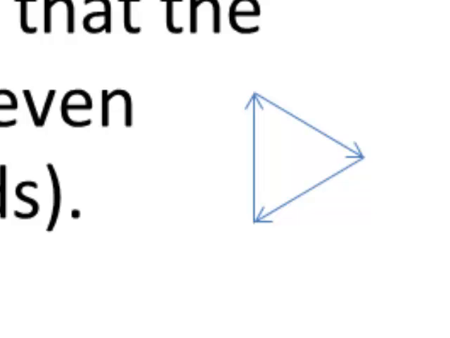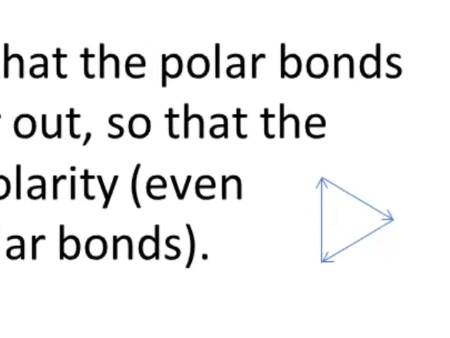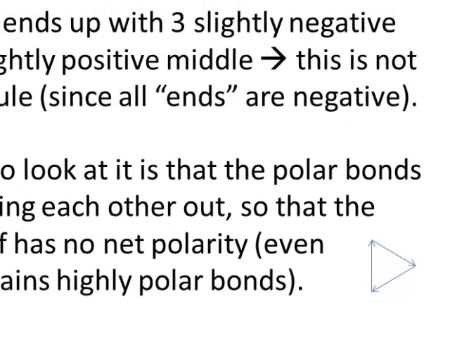If you go from the very beginning of the beginning arrow to the very end of the end arrow, you're at the same spot. So there is no net polarity to this molecule, even though it contains very strongly polar bonds, so polar that it's verging on ionic.